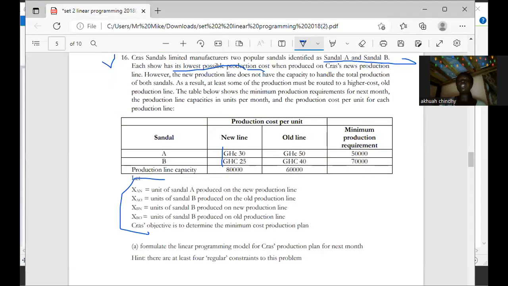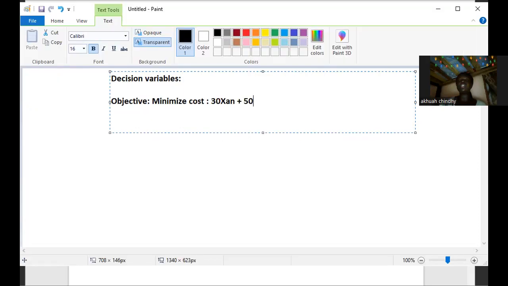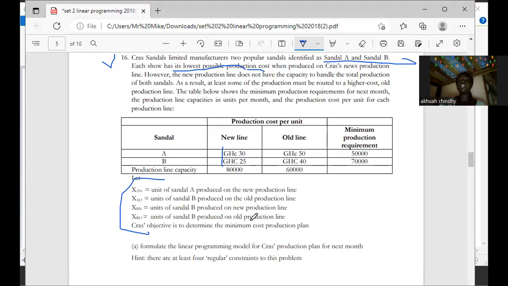So you write 50 XAO. That's sandals A on the old production line. Plus, now you're going to sandals B on the new production line, which contributes 25.